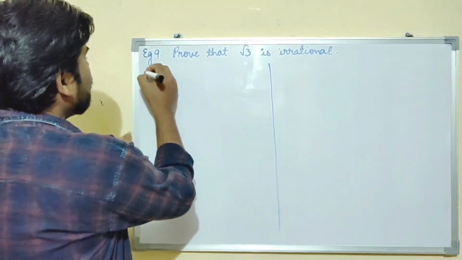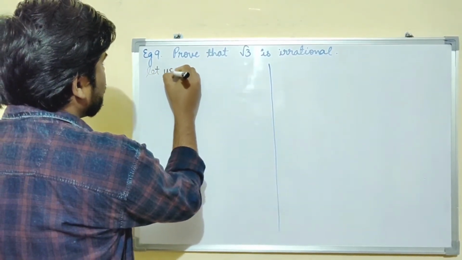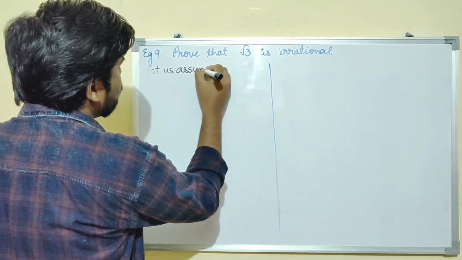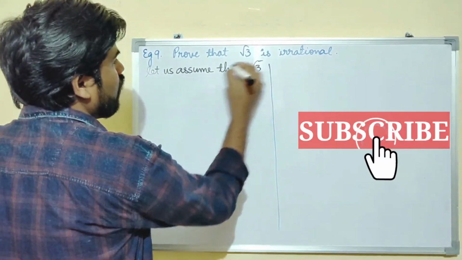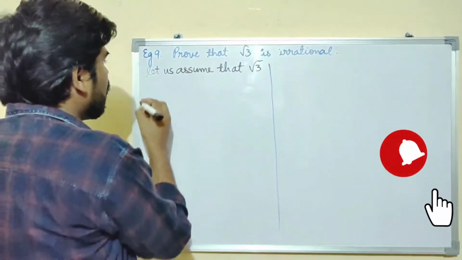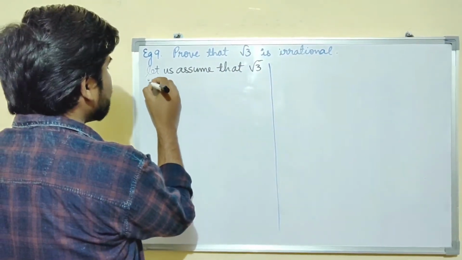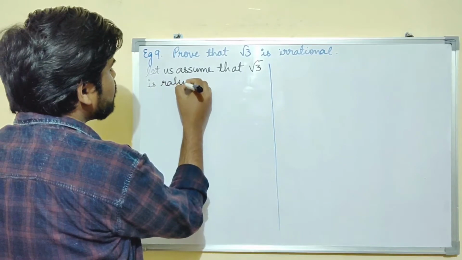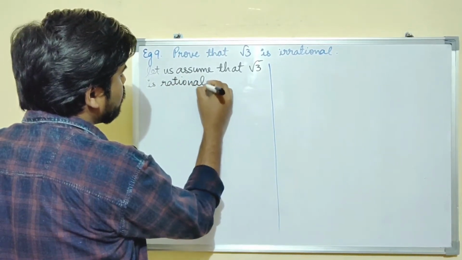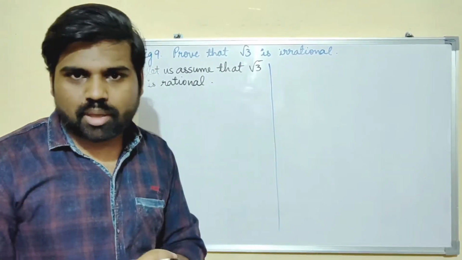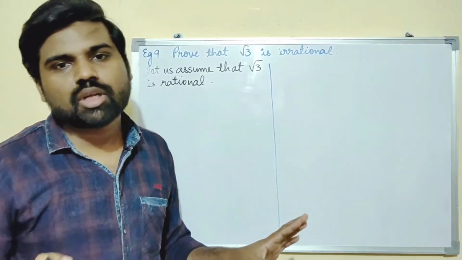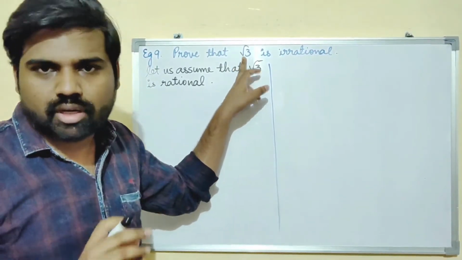Root 3 is irrational, so we'll assume root 3 is rational, the opposite of the statement. Now since we have assumed root 3 to be a rational number, it can be written as p upon q. This procedure is similar, we just have to change the number everywhere.